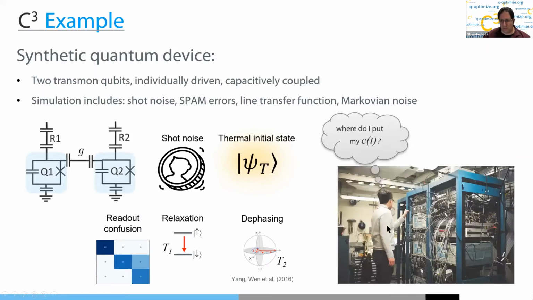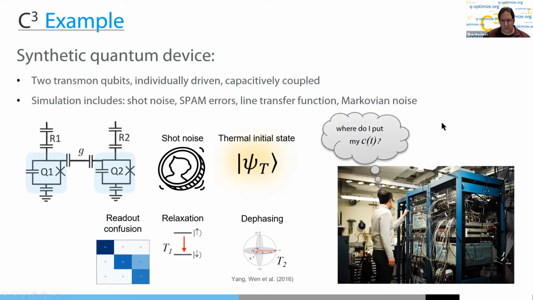Now, of course, if you go to a typical experiment, this is, for example, at IBM Zurich, it's not clear exactly where the C of t in the Hamiltonian comes in, right? Where's the prefactor of the control Hamiltonian comes in.